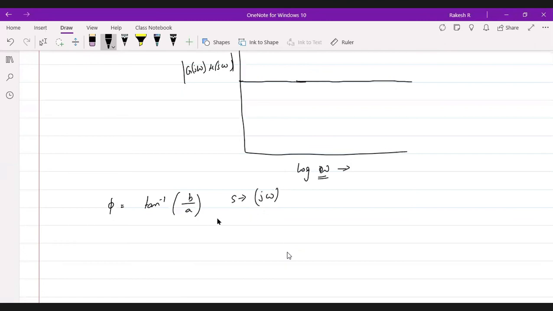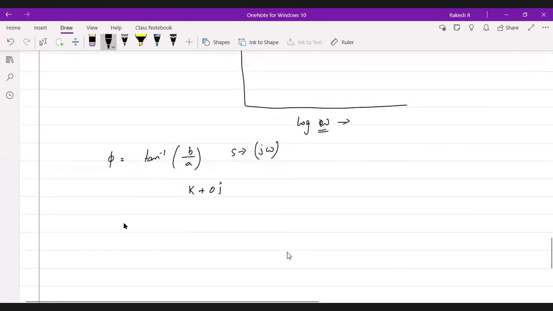But here we have it in terms of k plus 0j, so phi is equal to tan inverse of 0 divided by k. What is the value of the phi angle here? Tan inverse of 0 is just 0, right?